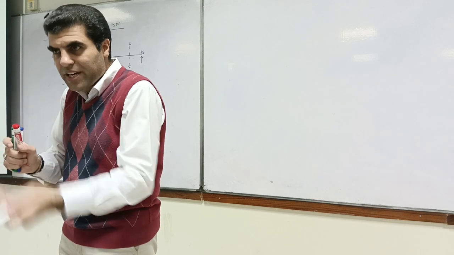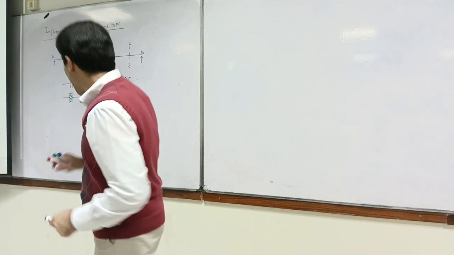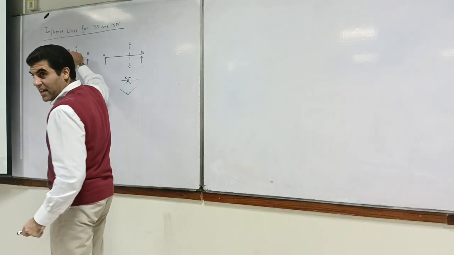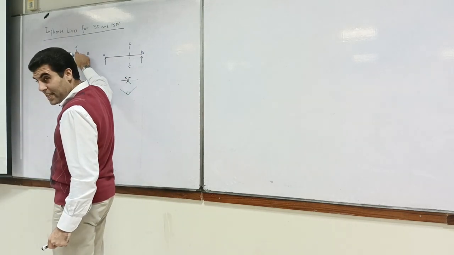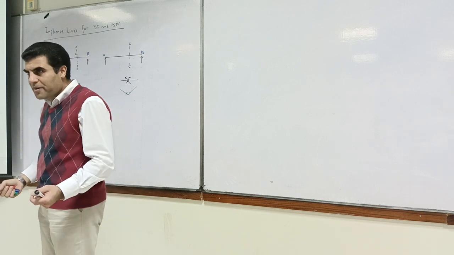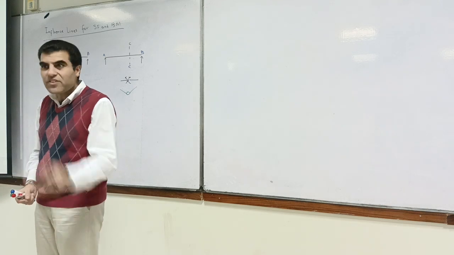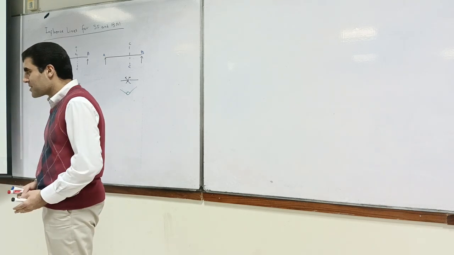That internal force we release, the ability to resist that force we release, and we put that gadget in that location, and then we allow displacement at that location, and the actual deformed shape is the influence line diagram, isn't it? Yes.